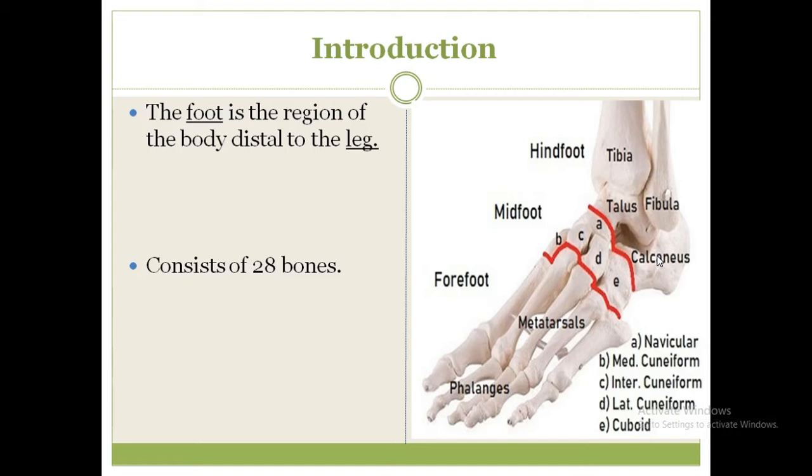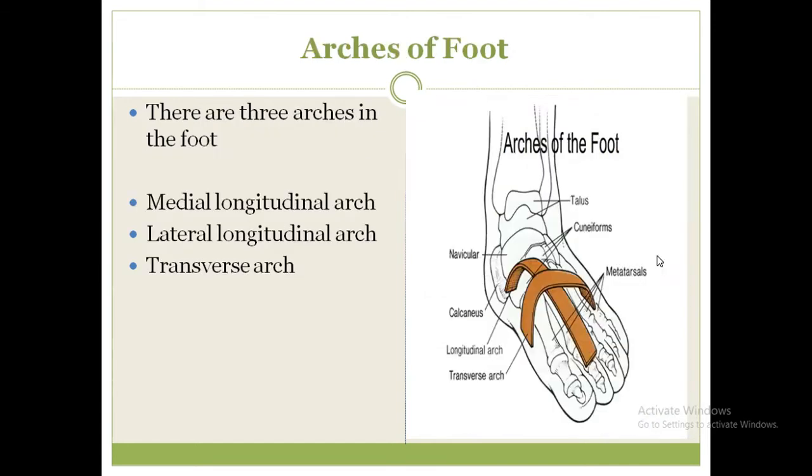The talus supports the leg bones, that is the tibia and fibula, and forms the ankle joint, whereas the calcaneus forms the heel, and it is also known as the heel bone.